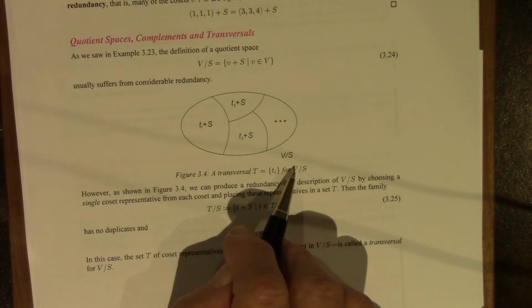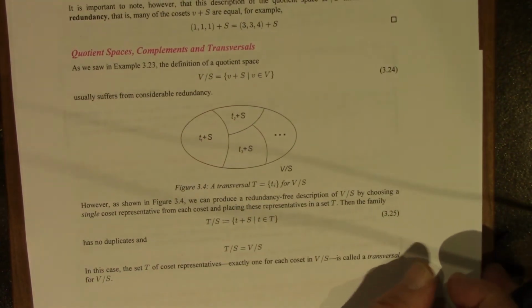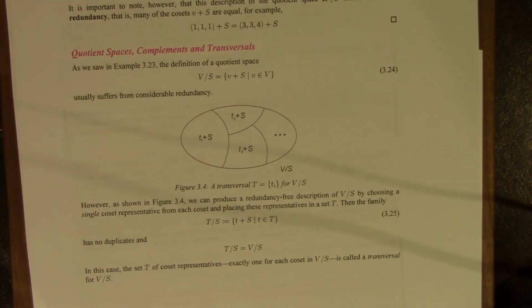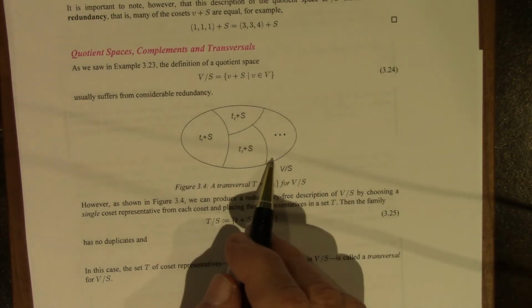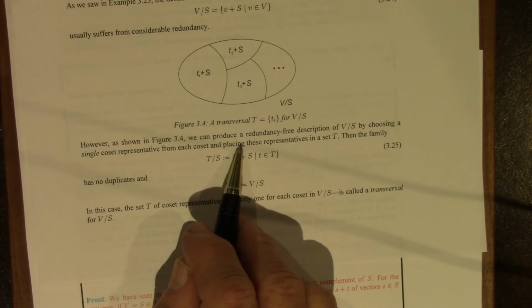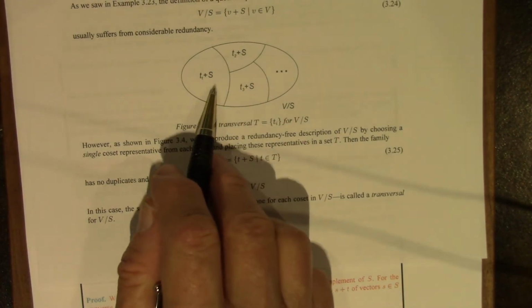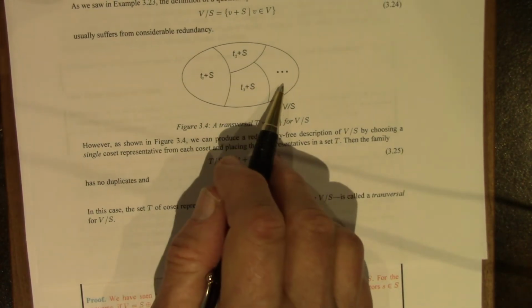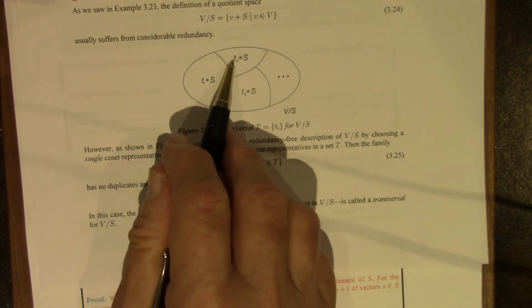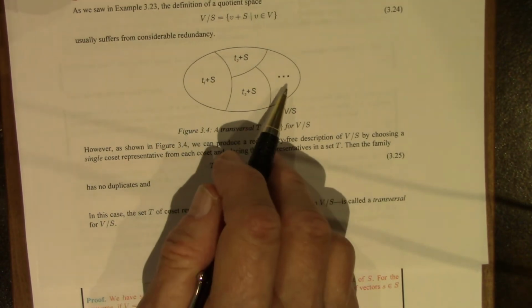How can we get a redundancy-free description of the quotient space? In other words, we want one and only one coset representative from each coset. No problem. Just pick one vector from each coset, say T1, T2, T3, and so on.